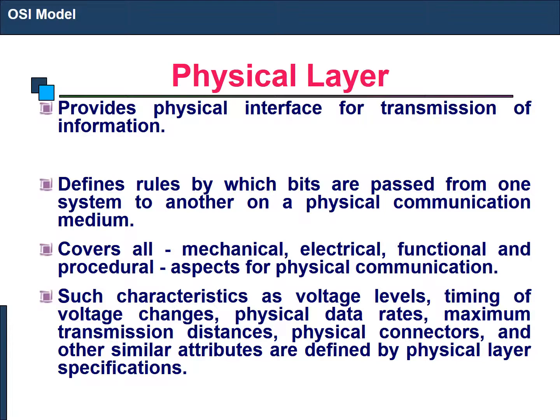Now coming up to the physical layer. The physical layer is basically the layer at which the data actually transmits, that is in the form of zeros and ones, that is in the digital form.